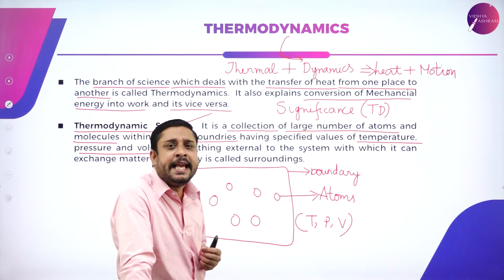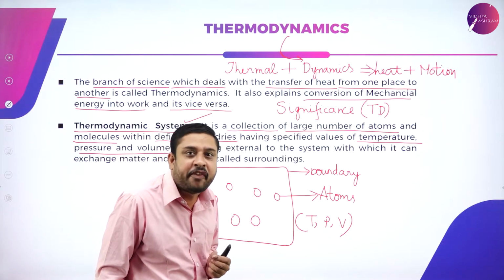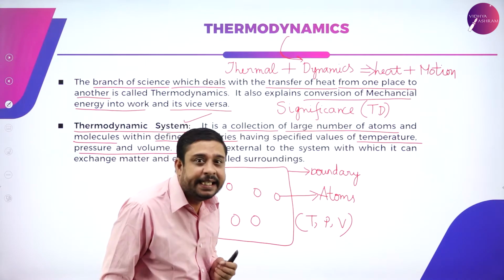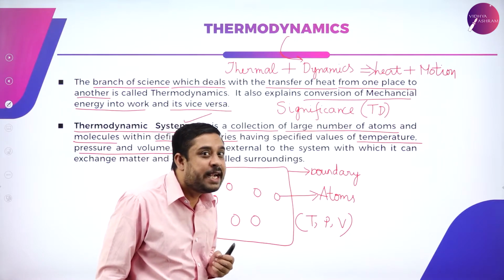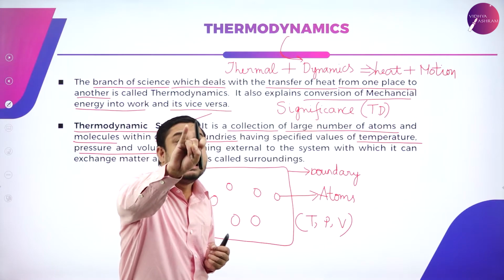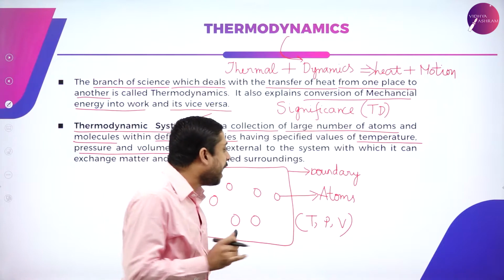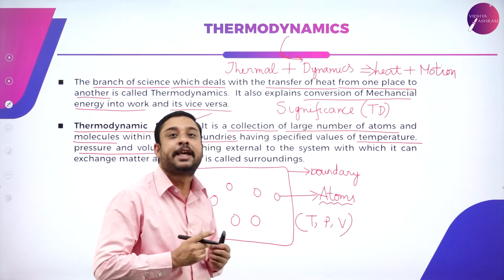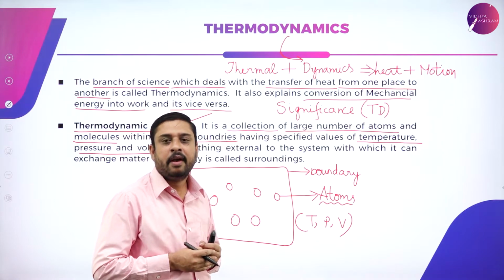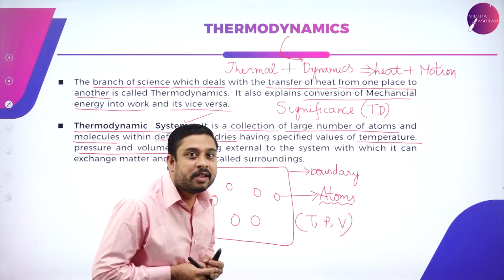So, any thermodynamic system is defined under three conditions. Which are those three conditions, students? First, a large number of components. What are those components? Atoms or molecules. Where do you place these components?